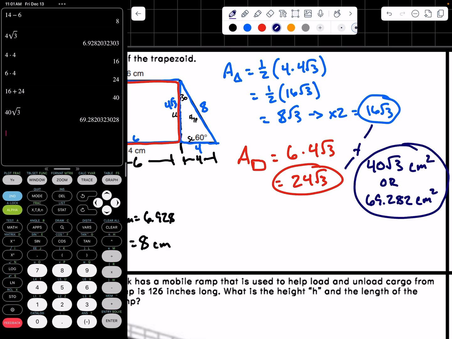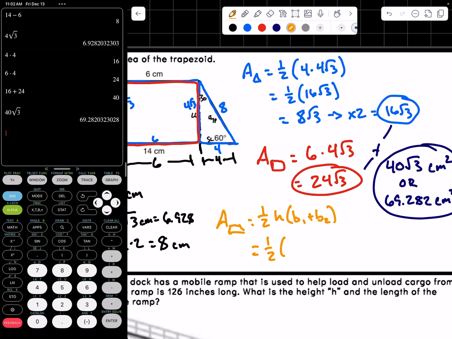The other way I could do it, if I know my area of a trapezoid formula, says 1 half times my height, base 1 plus base 2. 1 half, my height is 4 root 3, times base 1, which is 6, plus 14, my other base.